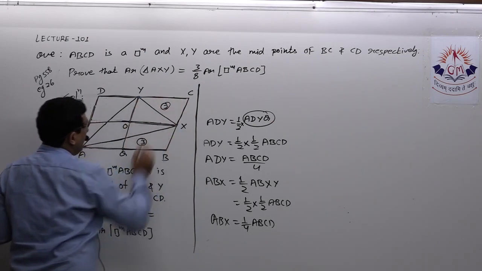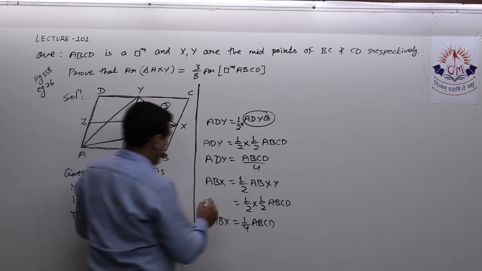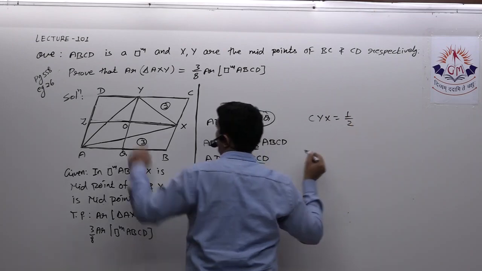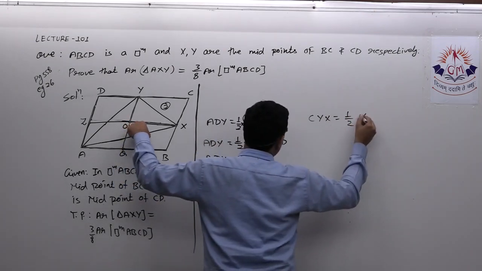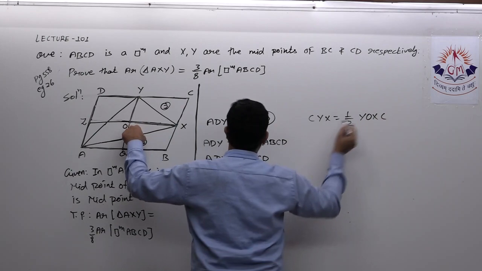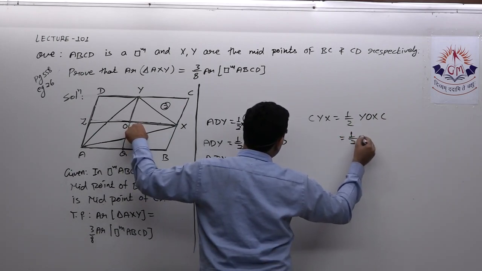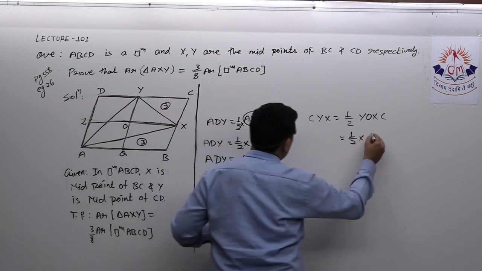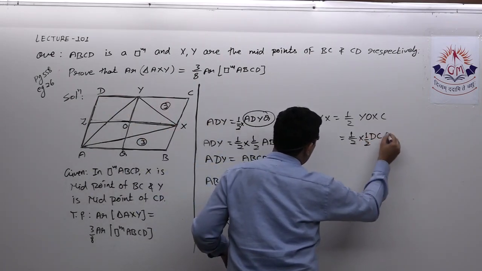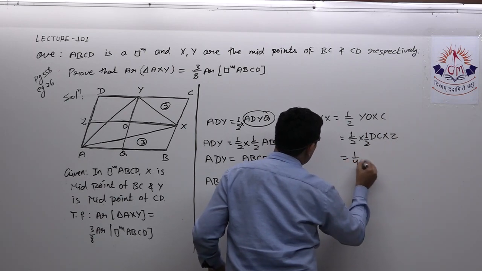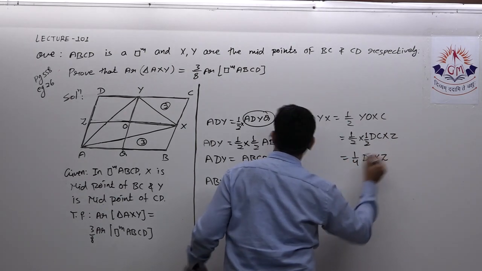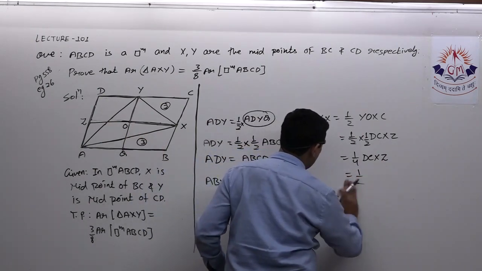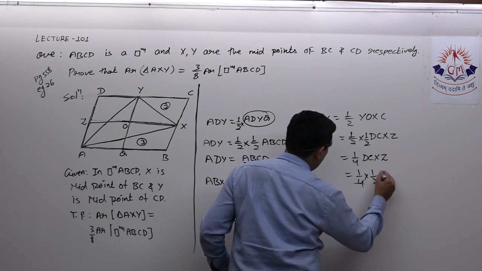So CYX is equal to half of YOXC, and YOXC can be written as half of DCXZ, that is 1/4 of DCXZ. This DCXZ is half of ABCD, so this can be written further as 1 by 2 of ABCD.